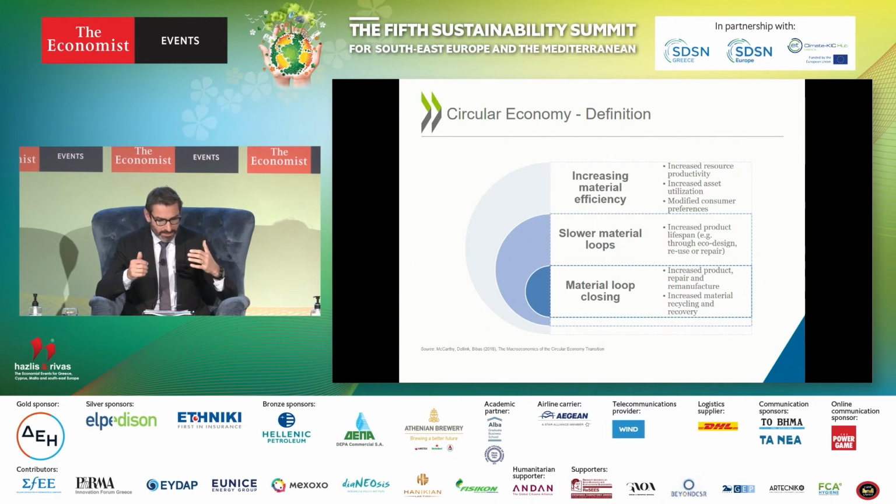In doing so, there are at least 2 important obstacles or challenges that need to be overcome. One is information. In order to achieve the closing and slowing of the materials loops, and the resource efficiency, it requires tremendous coordination and cooperation along value chains, but also across jurisdictions, because value chains, of course, span the globe.